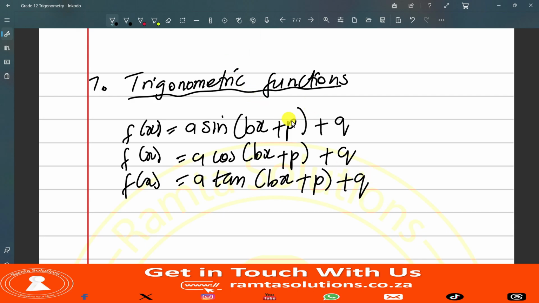I'm going to start with this p. This p represents horizontal translation or shift.